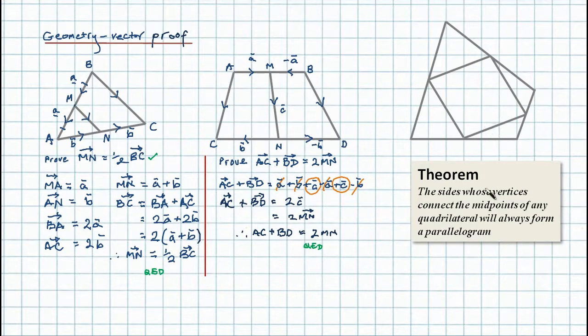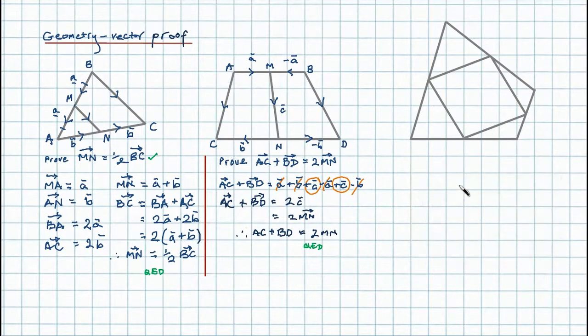Interesting, but can we prove it? Well, all we've got to do, if you think about it in terms of vectors, is prove that if I define a vector across from this midpoint MN, it must be exactly equal to this vector here. Let's call it PQ.